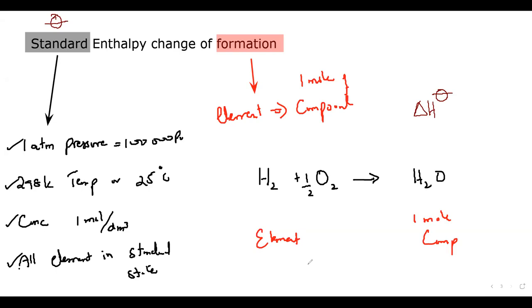And because it is a formation, we use subscript f. When subscript f, or small f, is used, it means formation. And formation of what? Which substance is formed here? The substance which is formed is water, so we write H2O in square brackets. So the energy change here is the standard enthalpy change of formation of the water molecule.